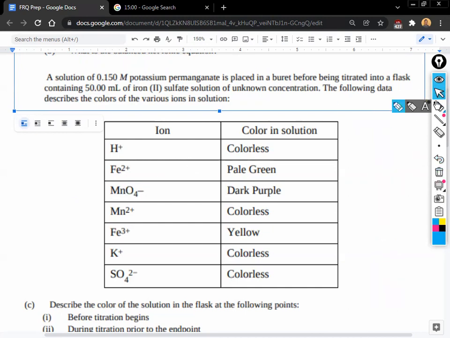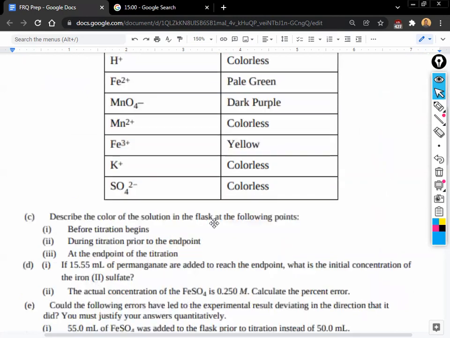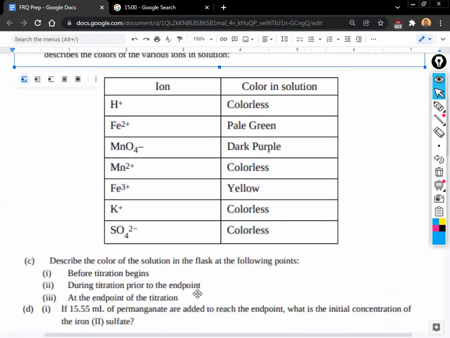All right. Now, what this problem is asking in part C is it wants us to describe the color of the solution before titration, during titration, and at the end of titration. And so what we need to do is figure out what ions are present, because that's what's going to tell us the colors, right?